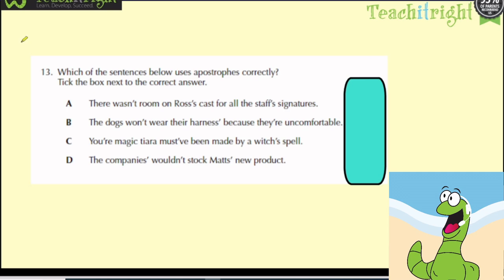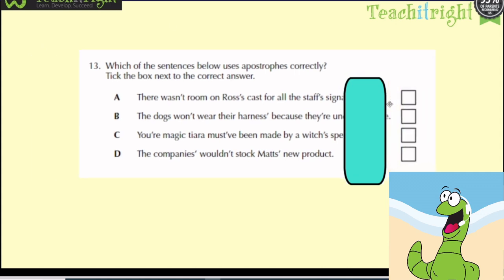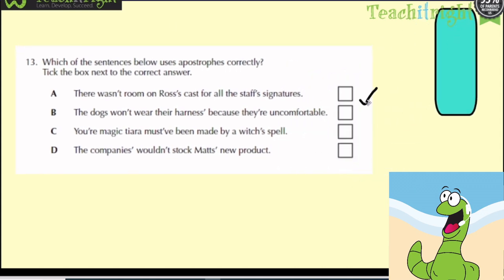13. Which of the sentences uses apostrophes correctly? And move the box. This was: there wasn't room on Ross's cast for all the staff's signatures. The dogs won't wear their harnesses because they're uncomfortable.